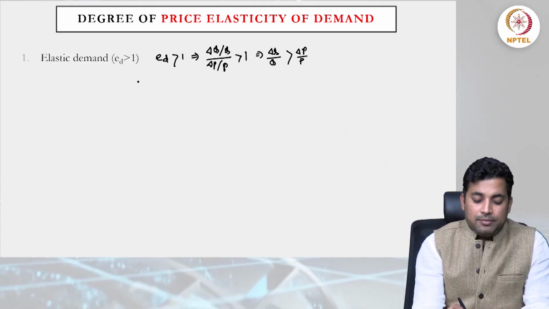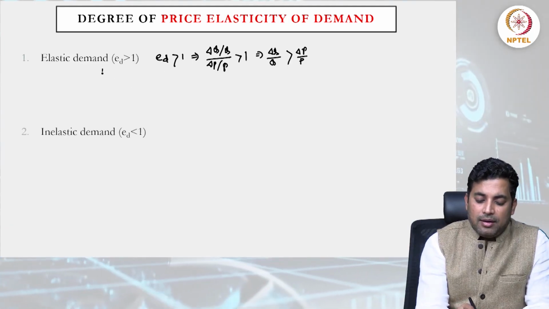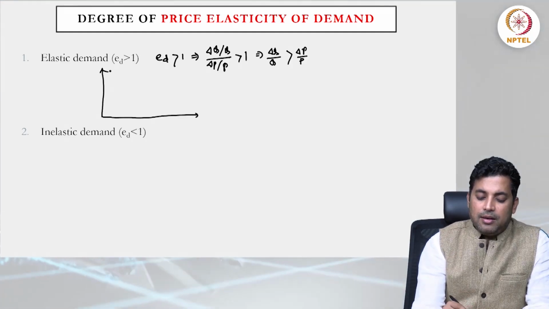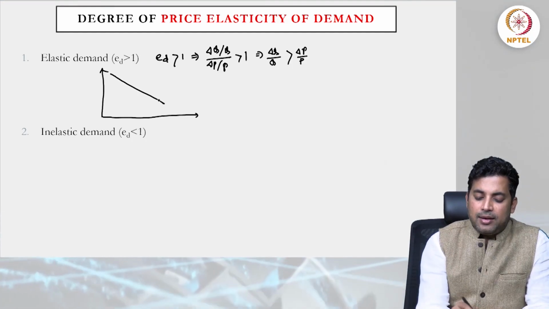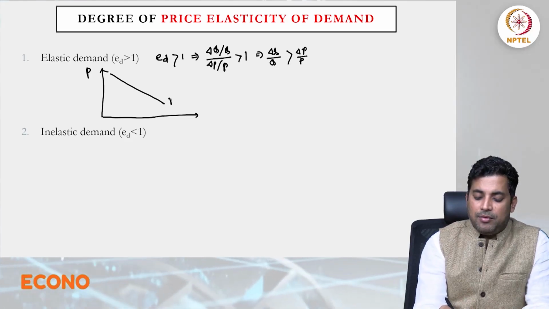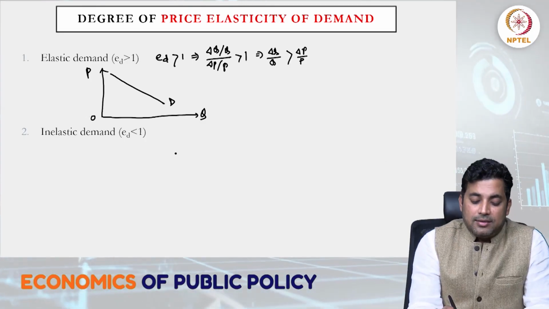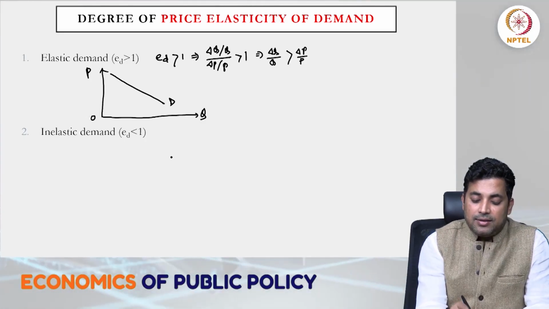And then in the diagram, the demand curve will be flatter, with quantity on the horizontal axis and price along the vertical axis.